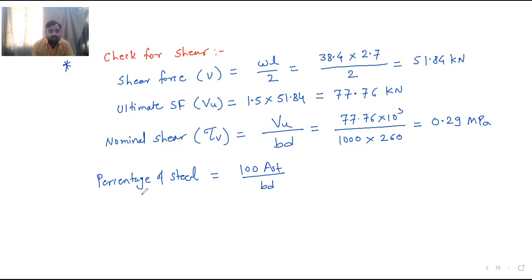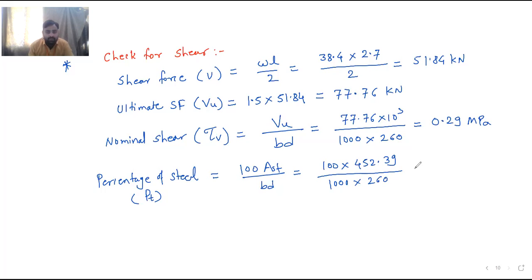We use the notation PT for percentage of steel. AST means the main steel reinforcement; take the main steel, not the distribution steel, for the percentage. The AST of the main steel provided was 452.39, divided by B, which is 1000, into D, which is 260.